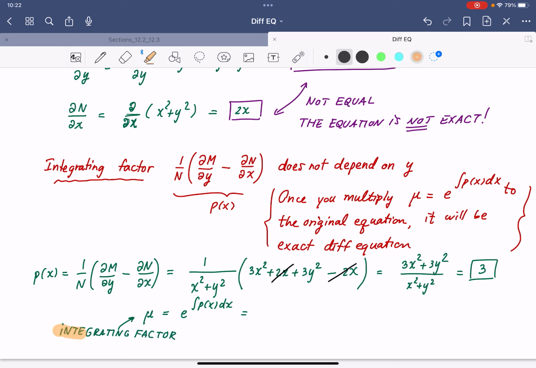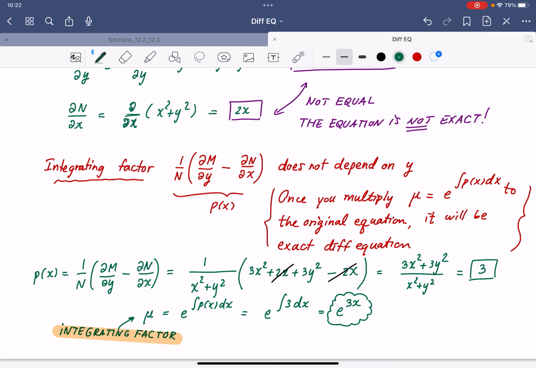The integrating factor is the term e raised to the integral of px dx. So here you're gonna have e to the integral of 3 dx, which is e to the 3x. Once you have this one, you do not carry plus c, just keep e to the 3x.